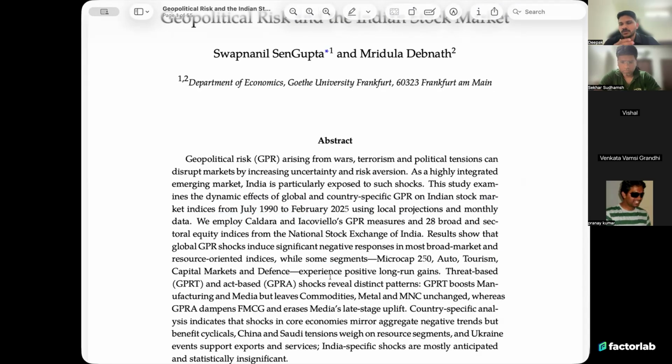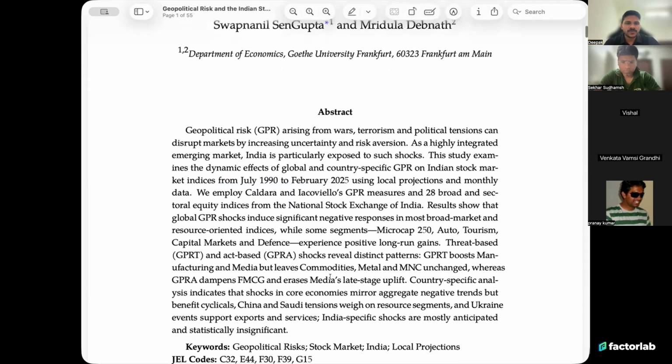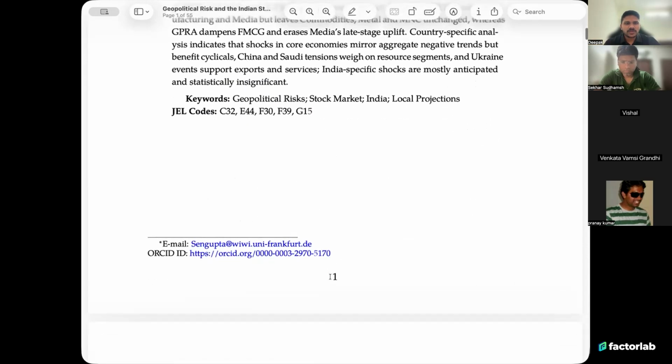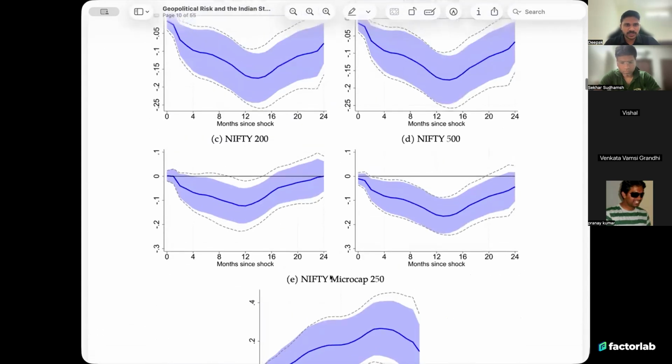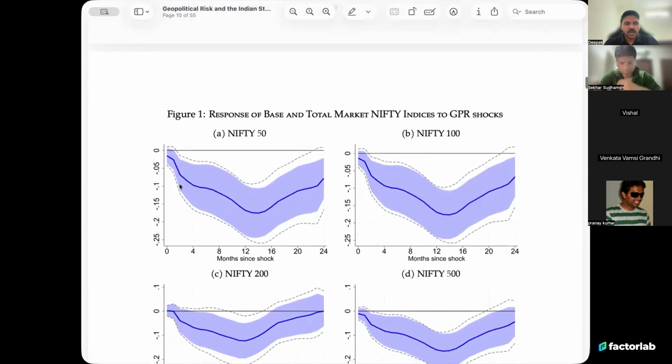They ran multiple regressions on Nifty 50, Nifty mid cap, small cap, and also micro cap. So here you can see how Nifty 50 has done since a geopolitical risk.